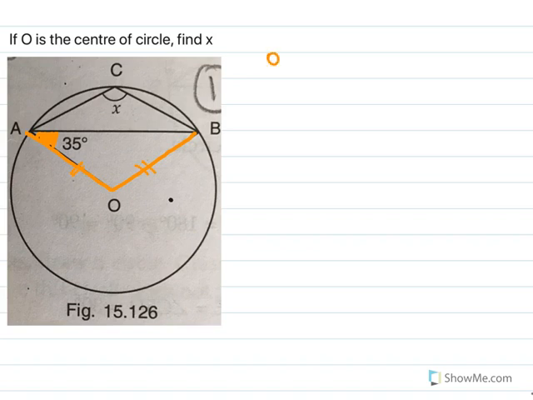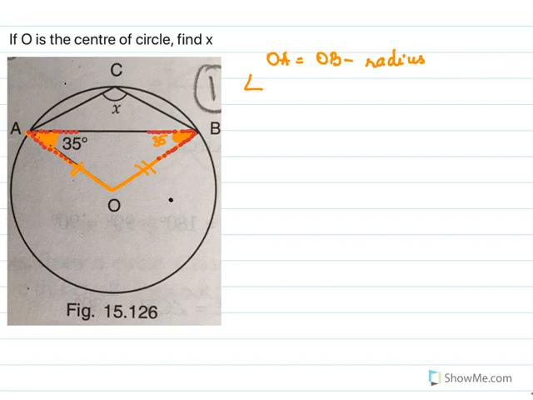So we have OA equal to OB, the radius of the same circle. So the angles will be 35. If this is 35, this angle also will be 35. So we mark this as 35. So we write angle OAB will be equal to angle OBA.